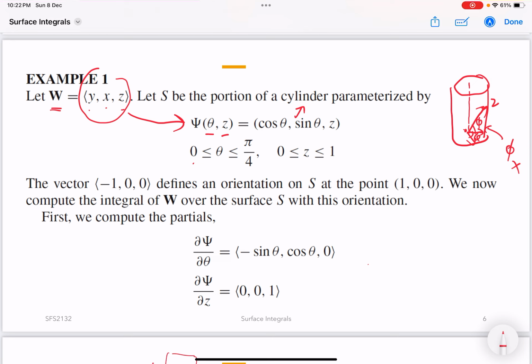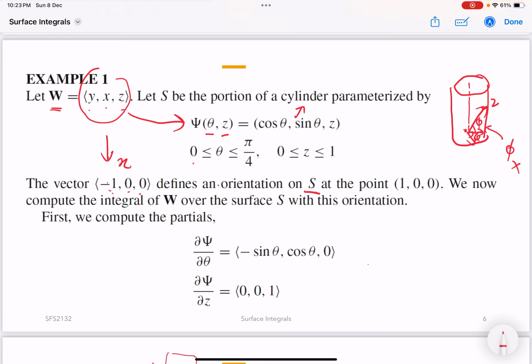The vector -1, 0, 0 defines an orientation of S at the point 1, 0, 0. So what is the orientation of S? It is given by the vector -1, 0, 0, the negative x direction, as the orientation at the point 1, 0, 0.